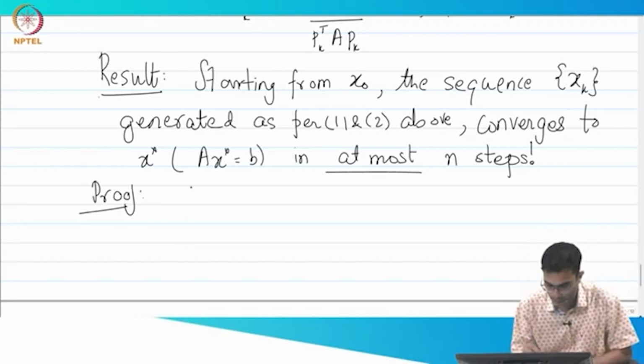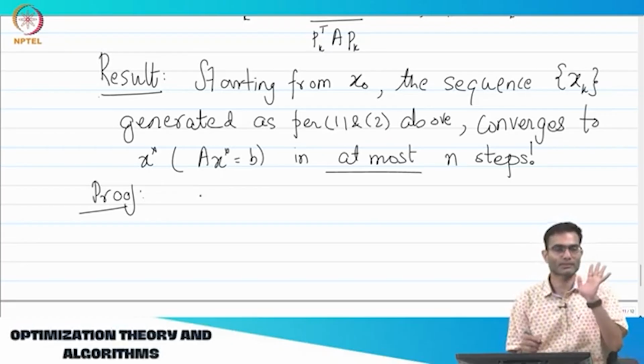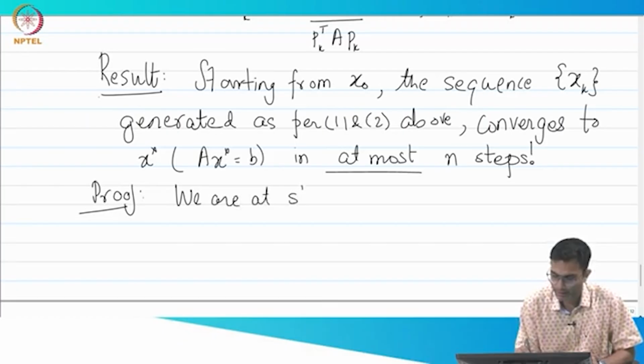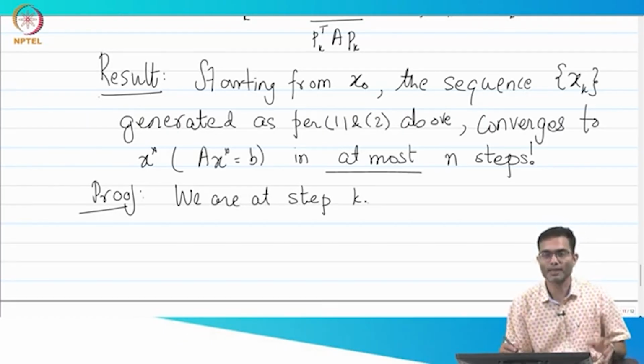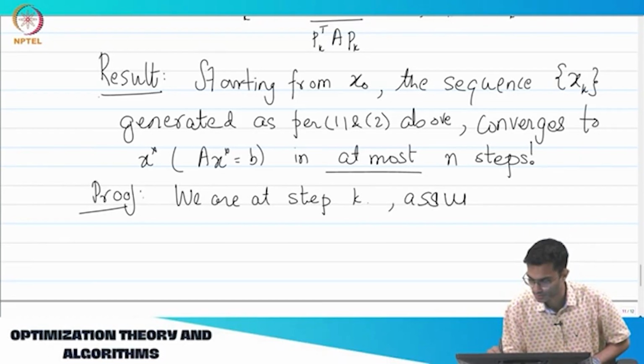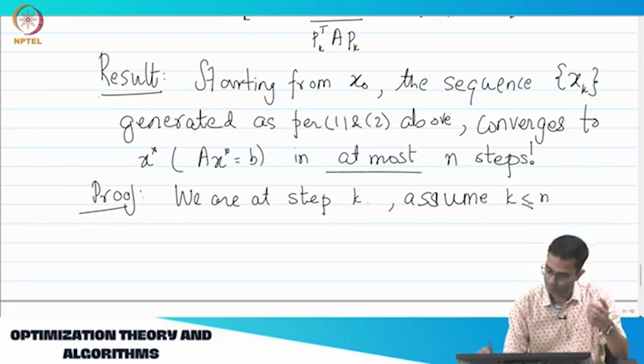Okay. So let us say I am at some in-between kth step. Obviously, I am going to assume k is less than or equal to n. That's a common sense assumption.